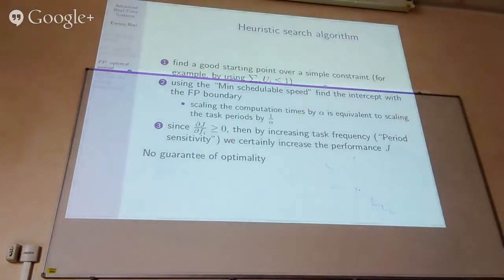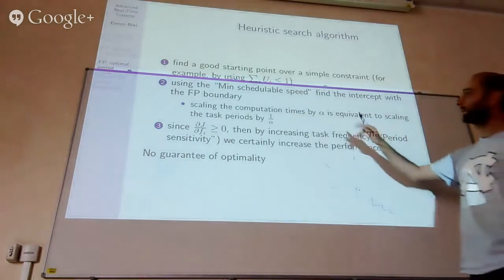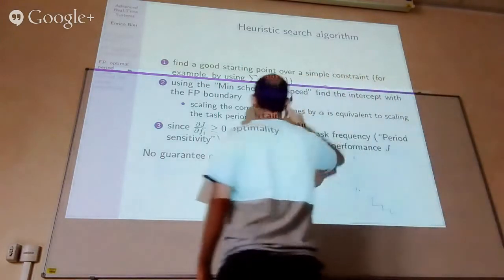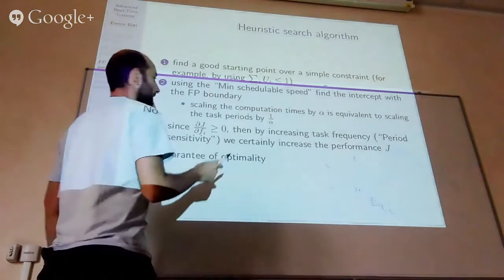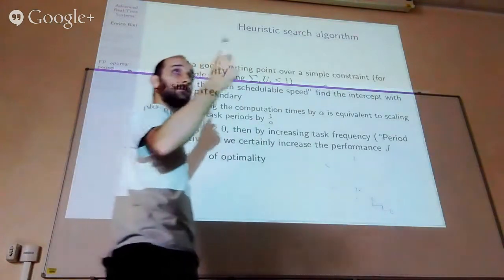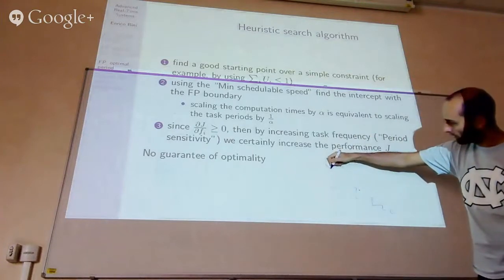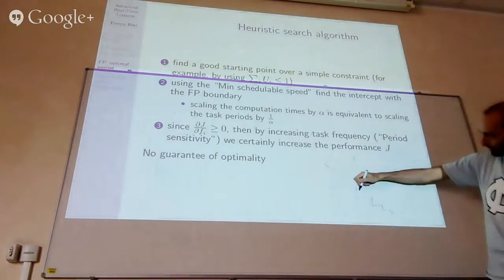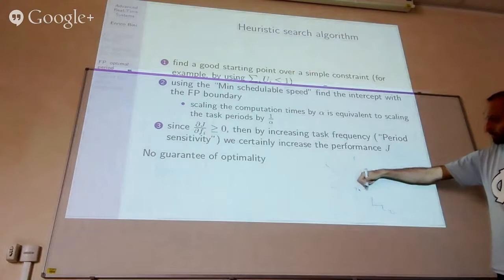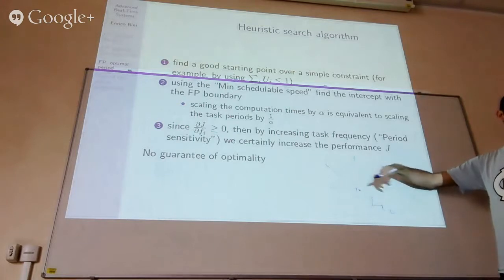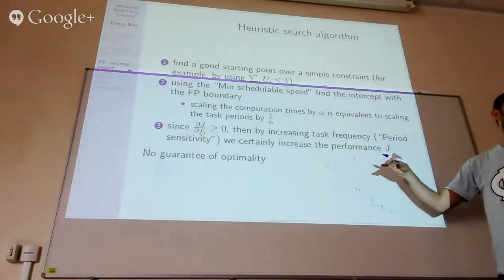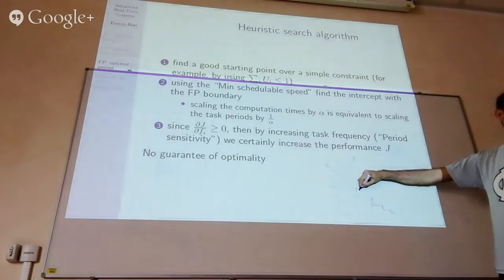Then what do we do? We use the sensitivity analysis to find the scaling, the minimum scaling that we need. We solve the problem on EDF. On EDF, the constraint is linear, so we can solve it very easily and find this point.